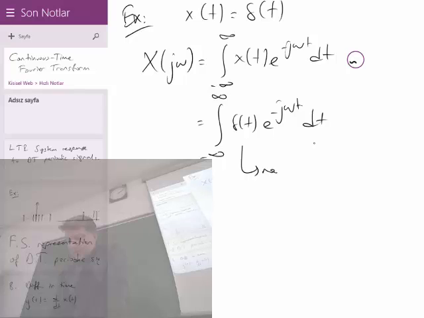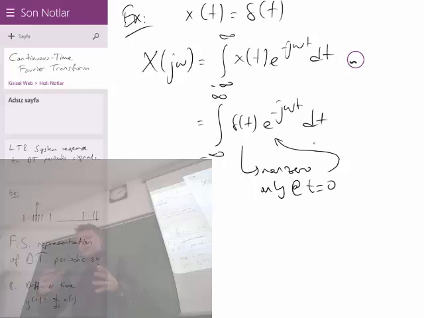So this is non-zero only at t equal to 0. From here we conclude that whatever we multiply it with, which is the e to the minus j omega t term, the value of that term is to be evaluated only at t equal to 0. All the others will be multiplied by 0. So what is e to the j omega t at t equal to 0? At t equal to 0, this becomes 1.